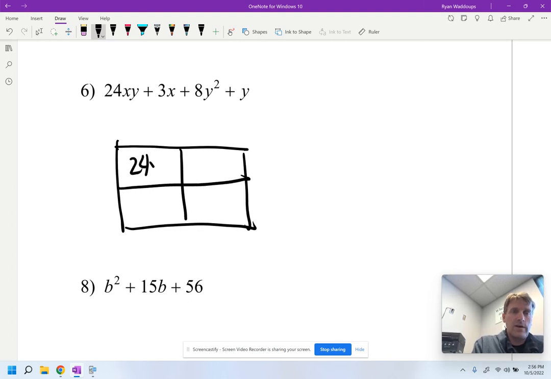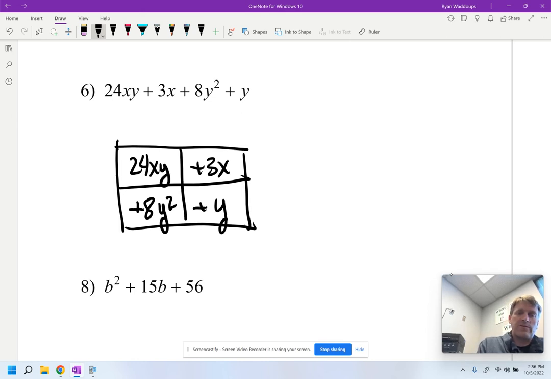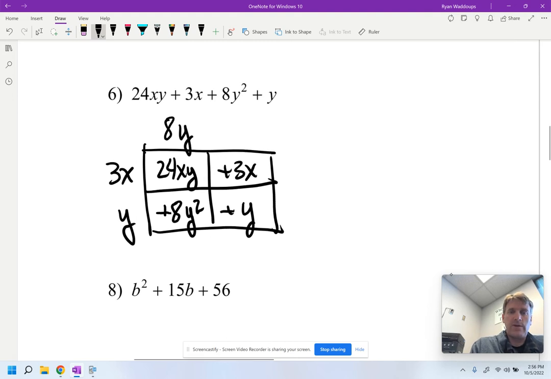So I got 24xy plus 3x plus 8y squared plus y. 24xy and 3x both have a 3 and an x in common. 8y squared and y both have a y in common. 24xy and 8y squared both have 8 and y in common. And 3x and y apparently don't have anything in common. You always have 1 in common, so push 1 there. And I'm going to put plus here.